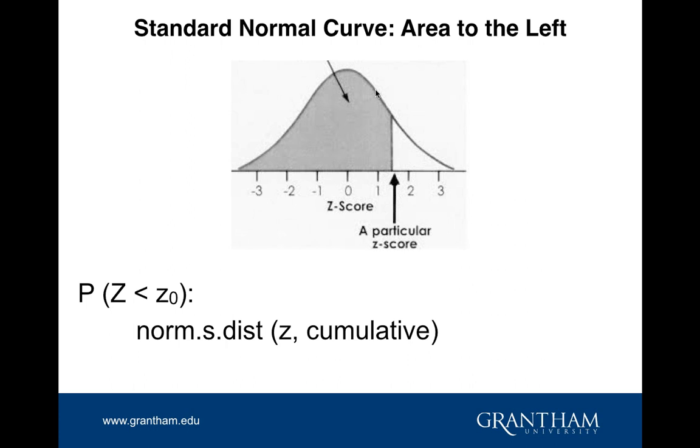With this formula, we can find the area to the left. The area to the left is indicated by the shaded portion that is pointed to by the second arrow, the arrow at the top. The shaded portion, the portion to the left of the line, is the probability or the proportion, and this formula gives us the area of the shaded region.